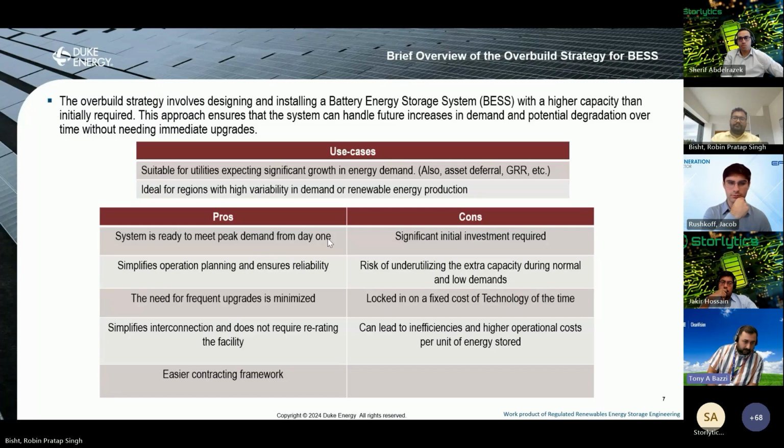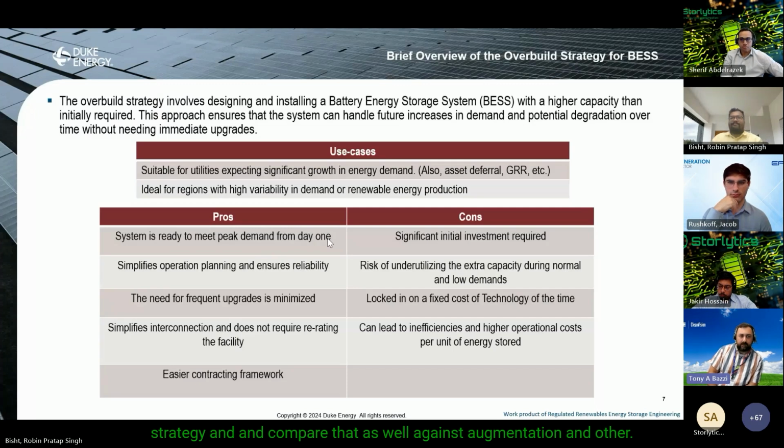But we're still performing our due diligence to finalize our strategy and compare that against AC augmentation in other scenarios, like I presented there.